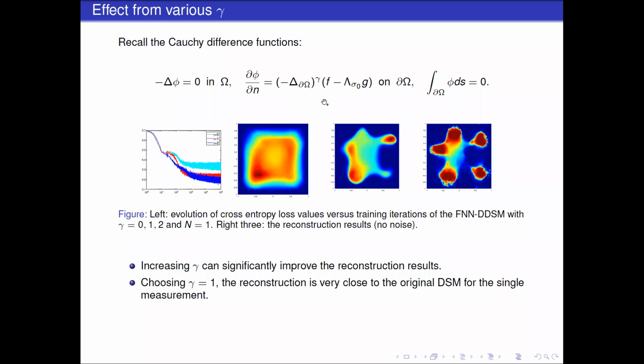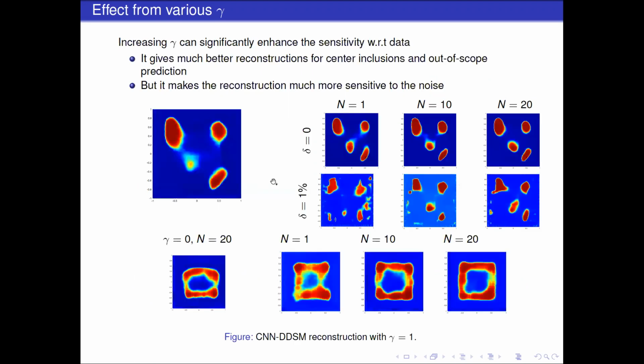Which means that if we already know some mathematical structure, it's better to add it into the architecture. Okay, so let's look at the CNN. As I showed you before, if there is some inclusion near the center, the neural network cannot capture this center inclusion very well, especially its shape.